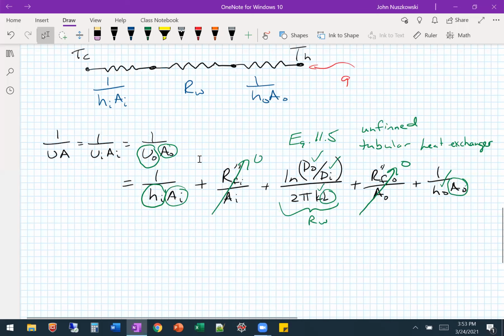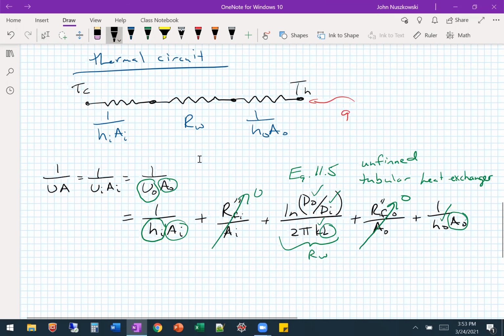All right, so let's start with the easy parts. Area. Can we solve for the areas, the inner and outer area? Yeah. Okay. Yeah, it's nice and easy on geometry.